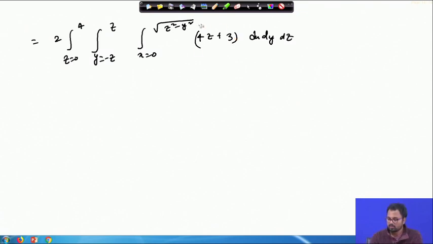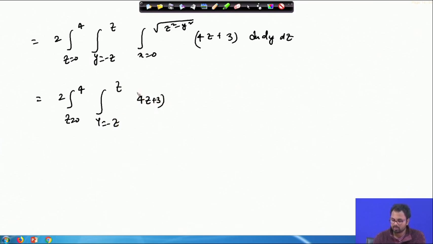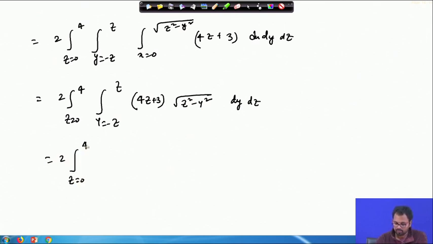Now we are going to integrate first with respect to x. So, this will reduce to z running from 0 to 4, y running from minus z to plus z, and if I integrate with respect to x, this will be 4z plus 3 times x, and I substitute the value. So, this will be square root of z square minus y square, dy dz. Next we integrate with respect to y.